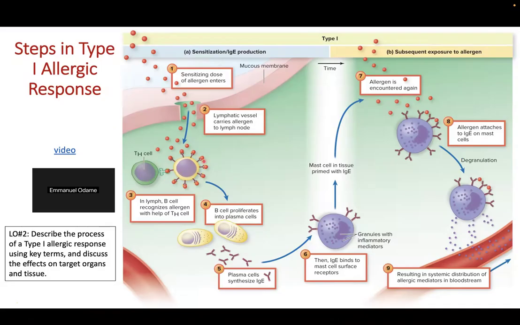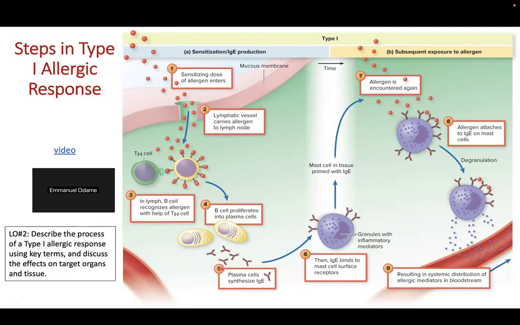Subsequently, the B cell, as we said, can act on its own. Now that the B cell has interacted with the allergen, it can proliferate into plasma cells and secrete antibodies, specifically in our case IgE, which targets the allergen your body has already been exposed to.